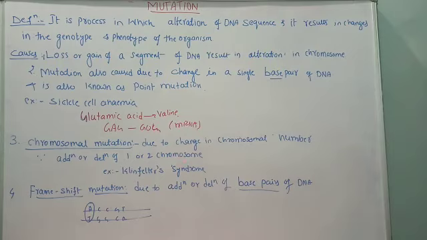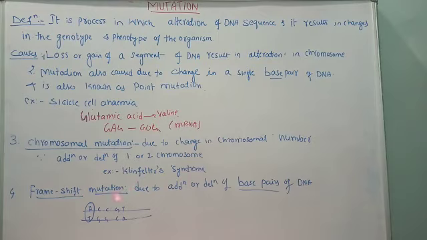If any addition or deletion of one or two chromosomes to the diploid set occurs, that is going to cause a chromosomal mutation. The examples for this are Klinefelter syndrome and Turner syndrome, which we are going to talk about later on.